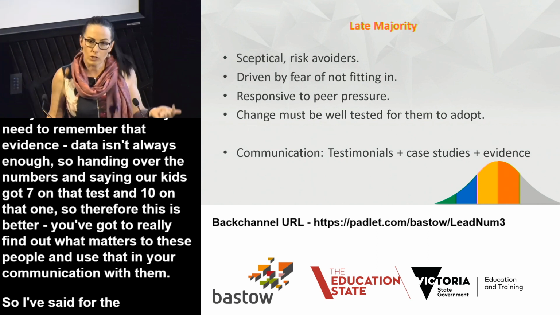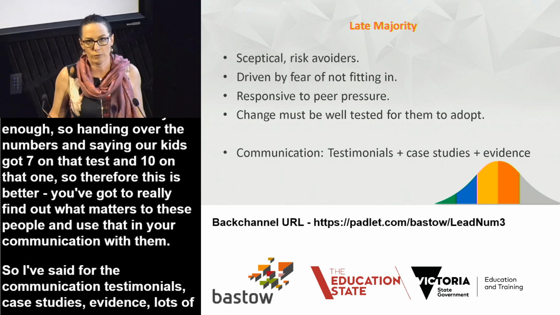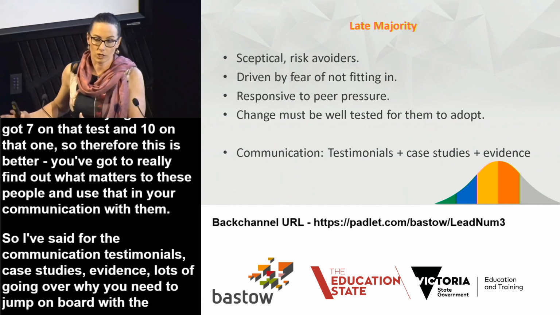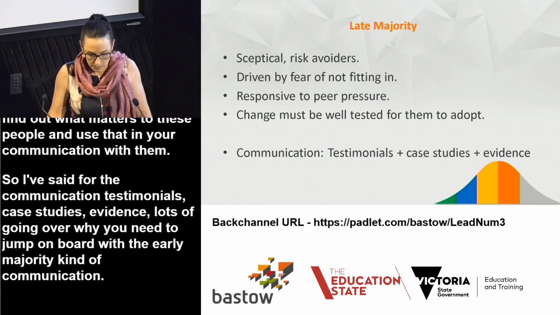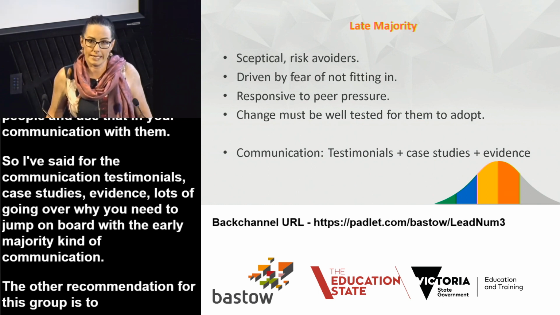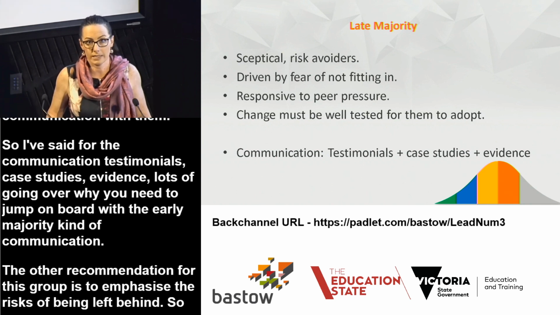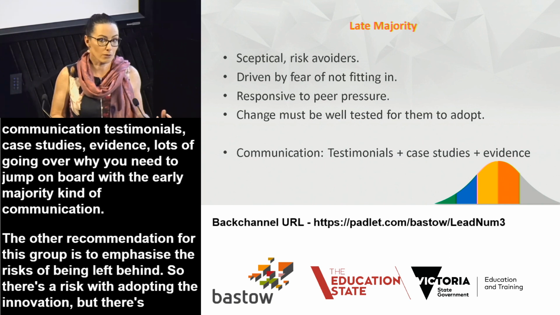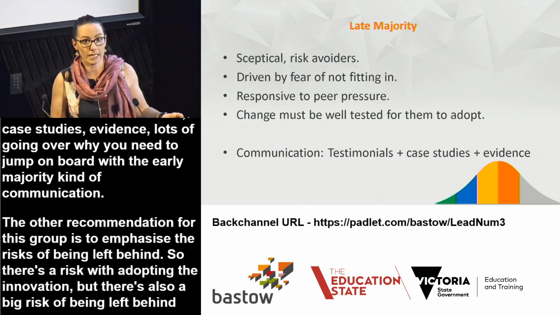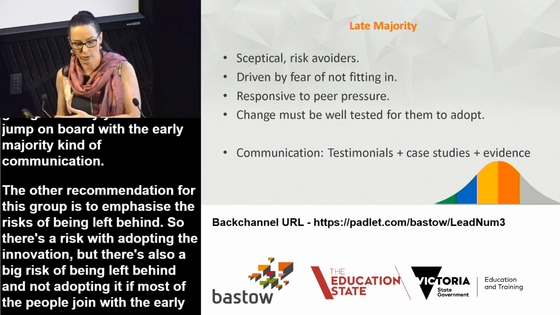So for the communication I've said testimonials, case studies, evidence, lots of going over why you need to jump on board, the early majority kind of communication. And the other recommendation for this group is to emphasize the risks of being left behind. So there's a risk with adopting the innovation, but there's also a big risk of being left behind and not adopting it if most of the people join with the early majority.